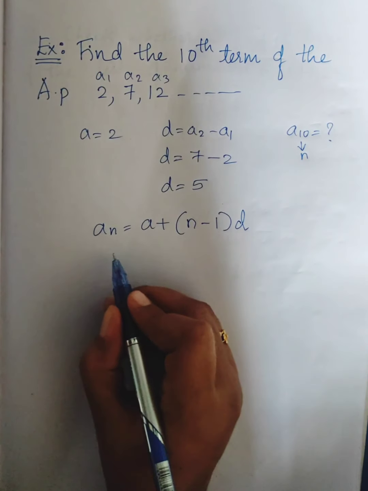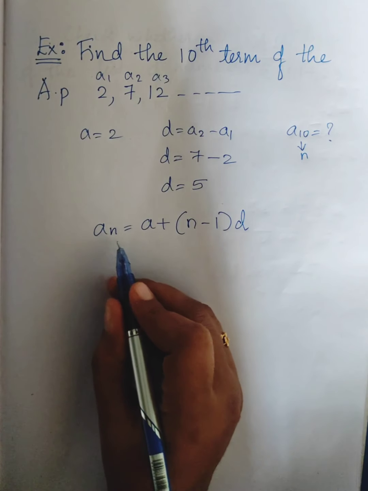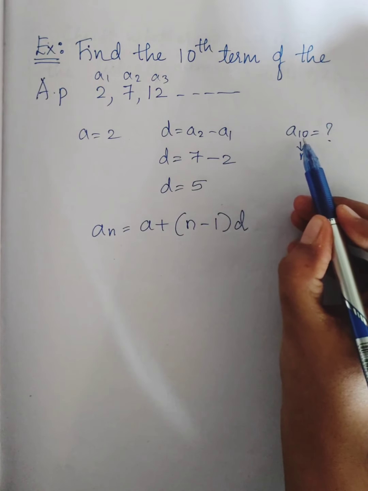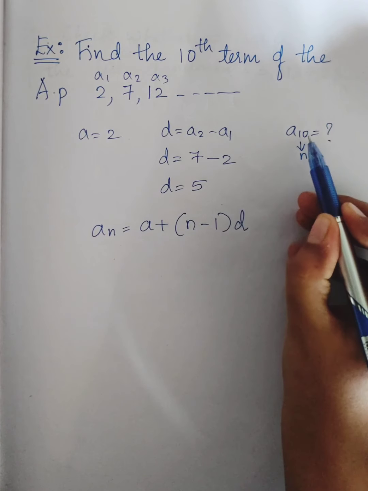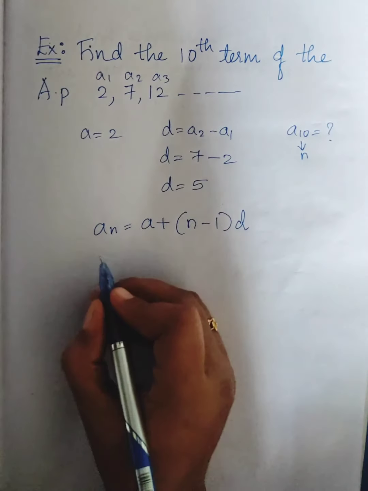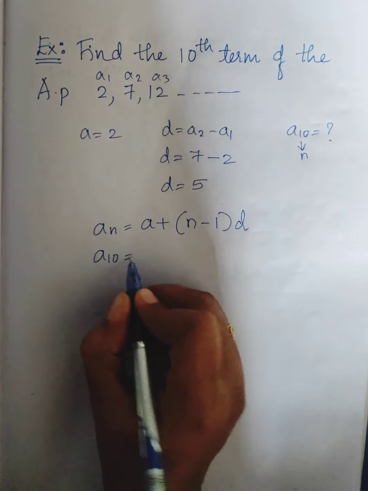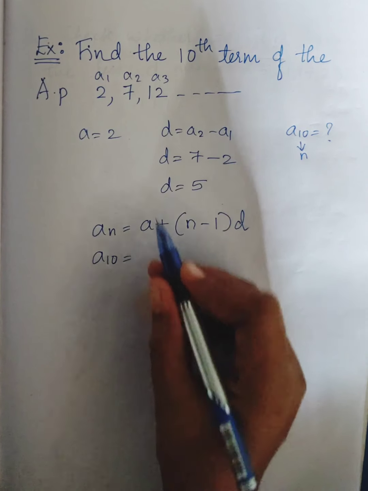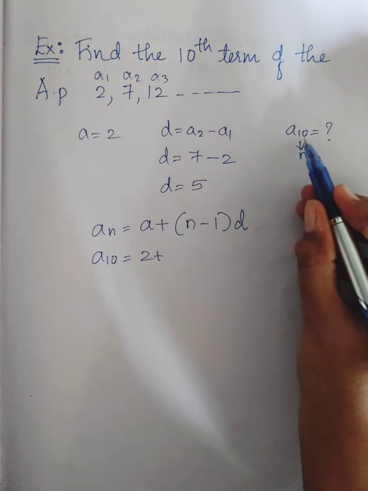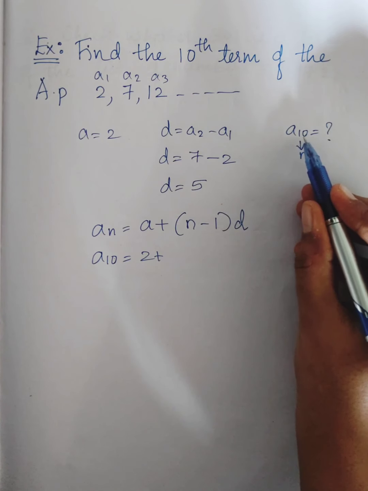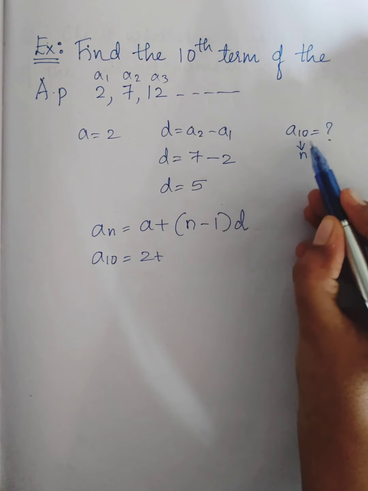In place of an, you are going to write a10, because we don't know the value of a10. The first term is 2, plus n is 10.